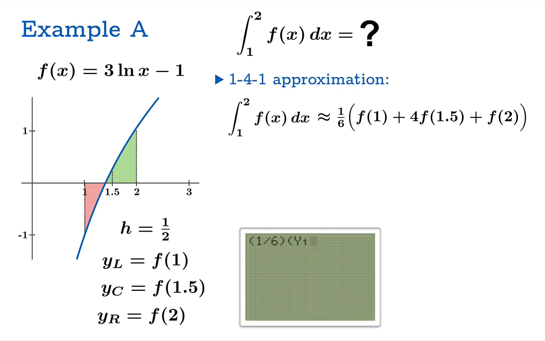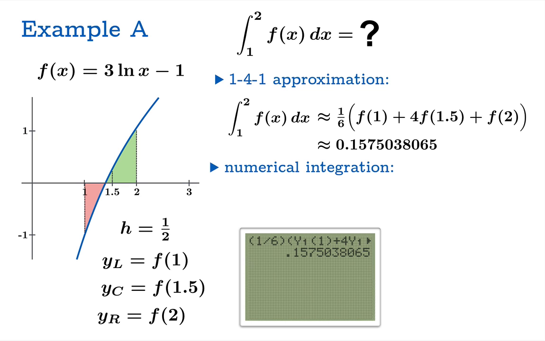So we'll take 1/6 of the sum of f of 1 plus 4 f of 1.5 plus f of 2. And we get about 0.1575.